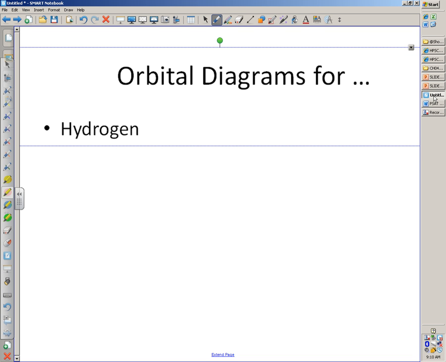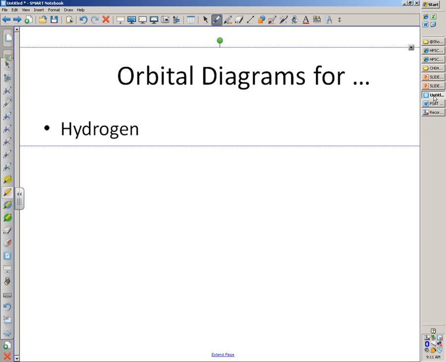If an orbital diagram shows us the distribution of electrons within orbitals around the nucleus, we have to know how many electrons we have to place, how many electrons we have to show. Where are we going to find out how many electrons we have to put in? The periodic table. Specifically, what part of the periodic table will tell us that? The atomic number.